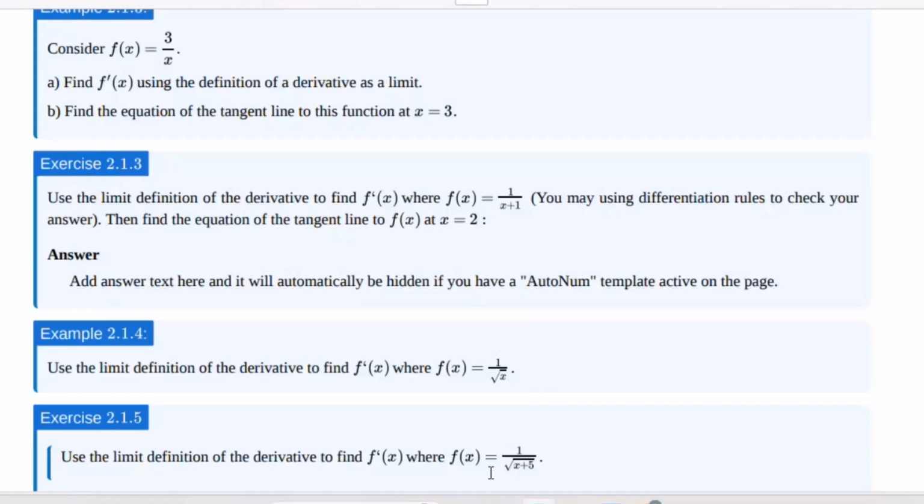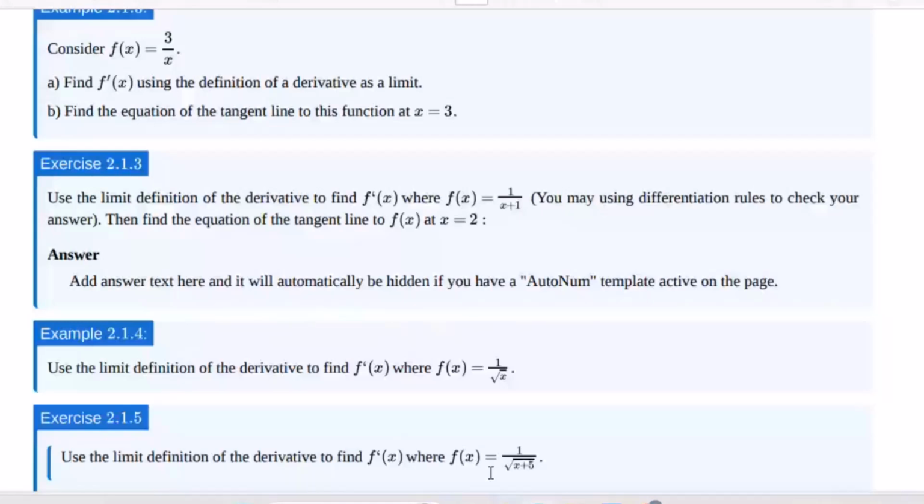We are saying our f of x is equal to 1 over the square root of x plus 5. Are we together on that one? F of x is equal to 1 all over the square root of x plus 5. Are we in agreement? Yes, sir.